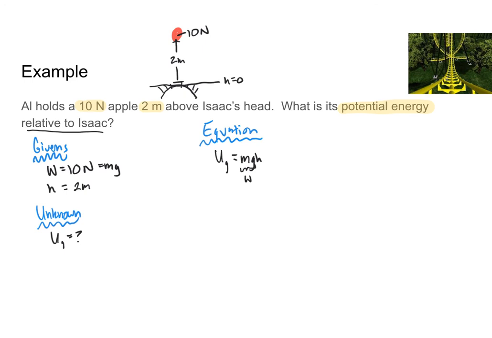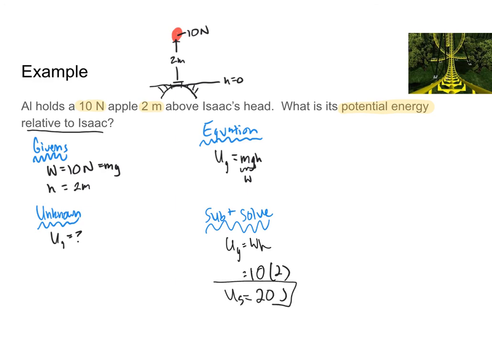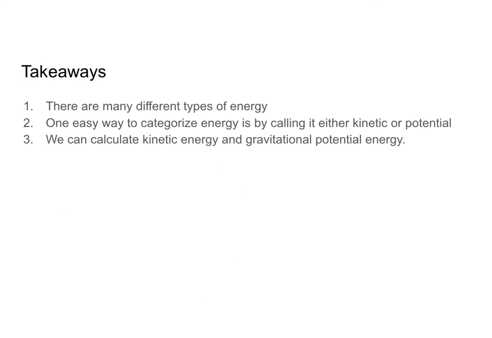So let's go ahead and start subbing and solving. So I know that UG is equal to my weight times my height, or mgh. Therefore, my gravitational potential energy is 10 times 2, or 20 joules. And there you have it, folks. Here is my solution to our second example problem.